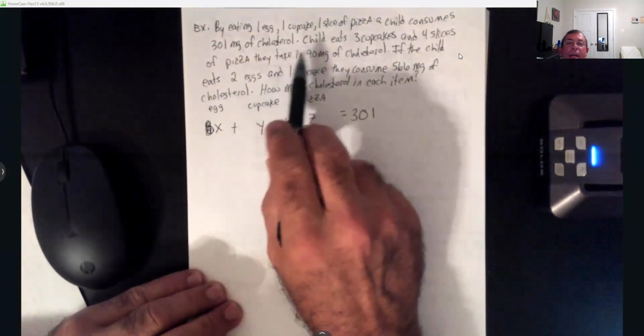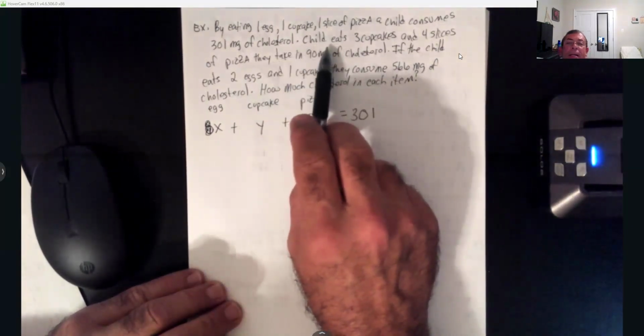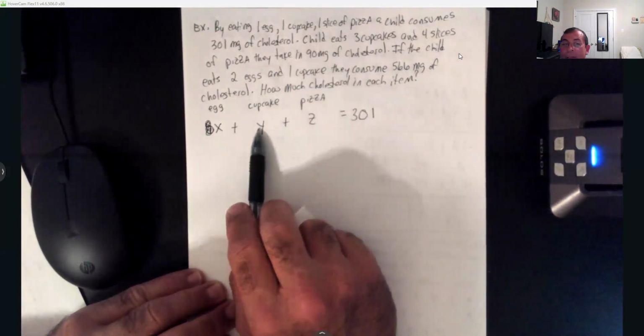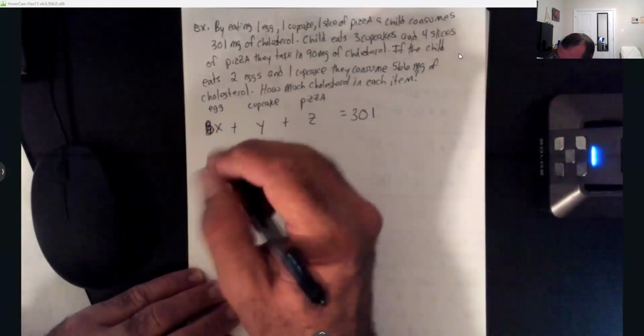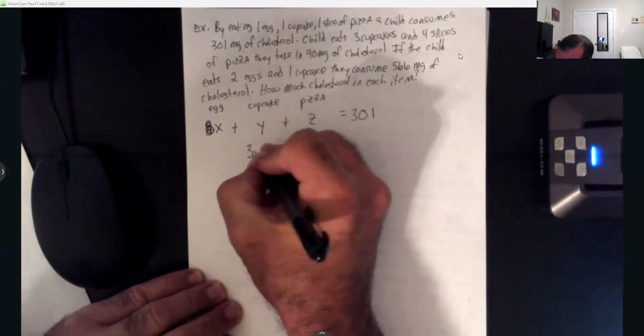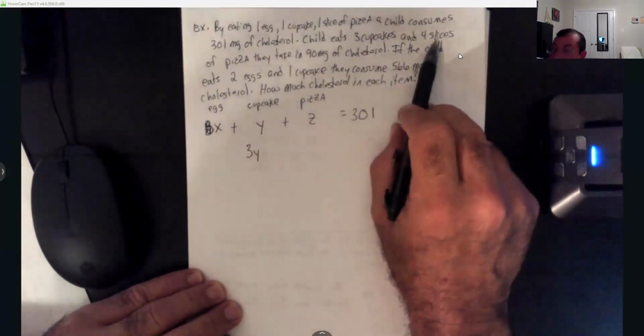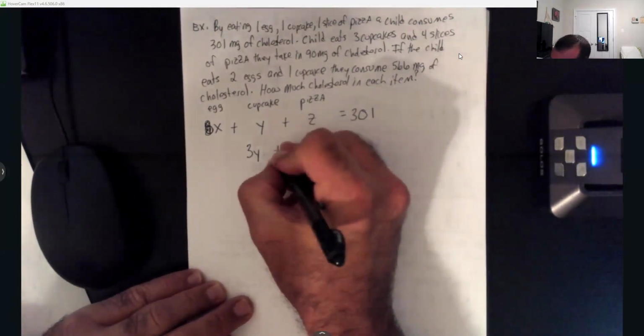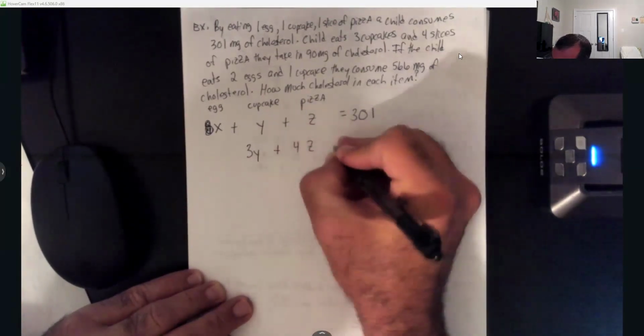But y'all be careful on the second and third. Second says 3 cupcakes. Well, cupcakes are in the Y column, so you got 3Y. So that's 3 cupcakes and 4 slices of pizza, so that'll be 3Y plus 4Z.